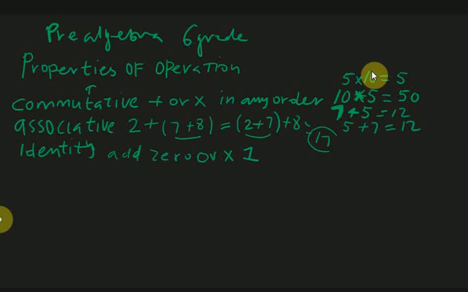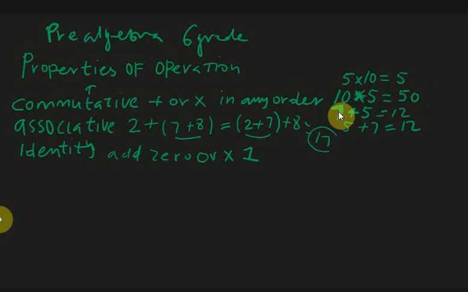First I have 5 and then 10, and I got 50. Then here I have 10 first and then 5 comes. Whichever order comes first, you will have the same answer.